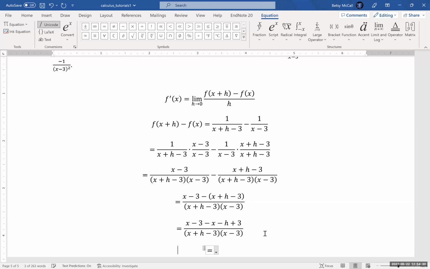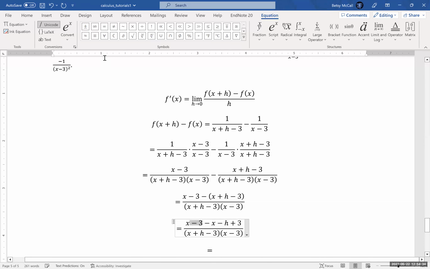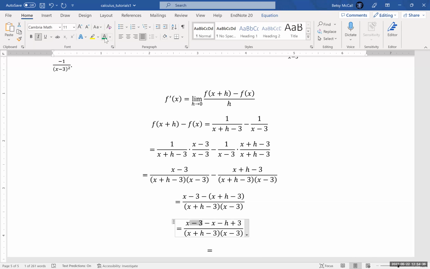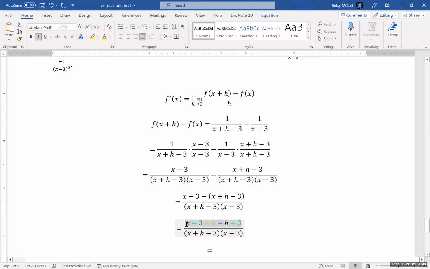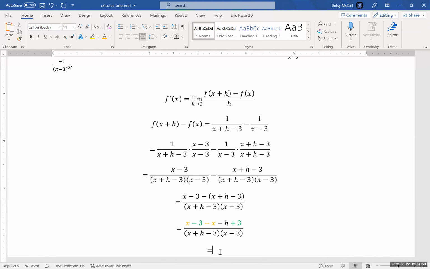Now we can cancel, and notice our minus 3 here cancels with our plus 3. This is where everything in the original expression has to cancel. And everything that is left, regardless of how complicated the expression is, has to include only h.